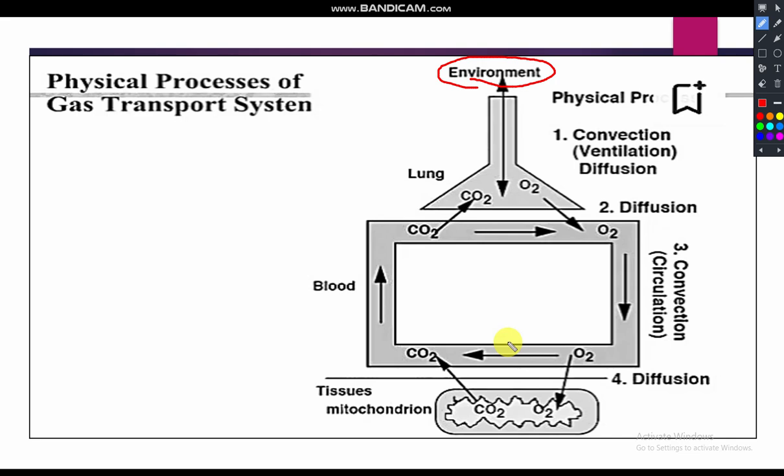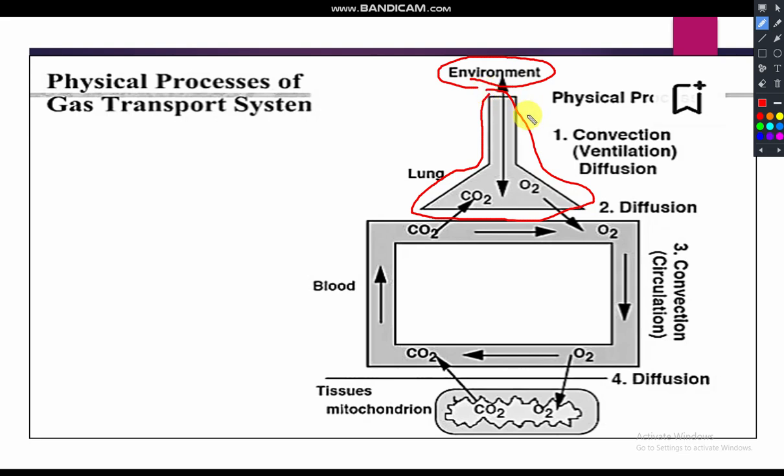So what this diagram is showing you is how oxygen enters the respiratory tract and how carbon dioxide leaves the tissues to the external environment. So, the funnel-like structure we are seeing here represents the respiratory tract.